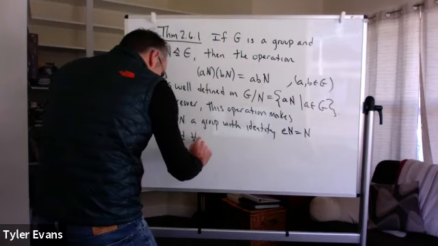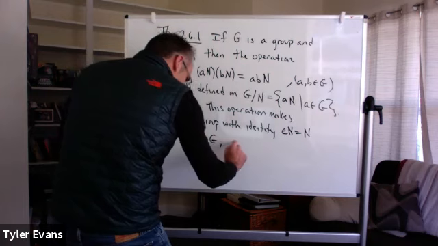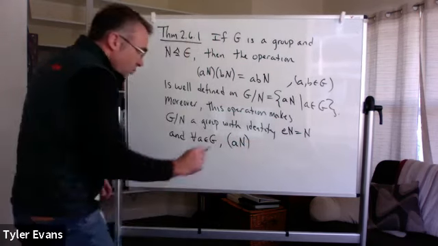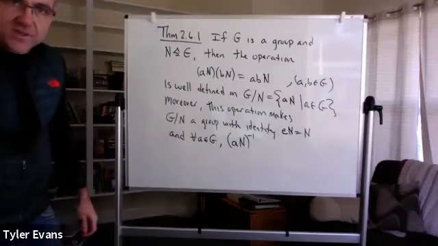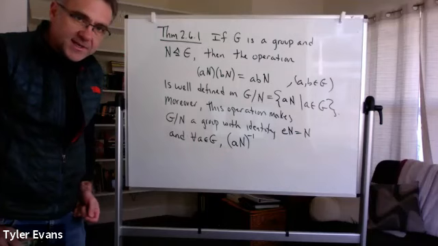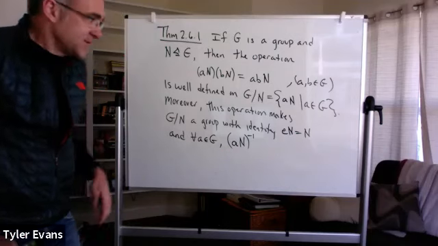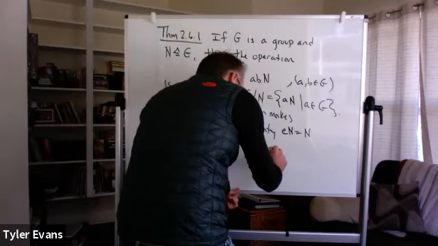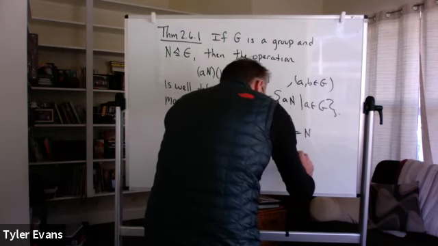and one more that you can fill in, you can pause, for every A in G, what should be the inverse of the coset containing A? Can you pause? Can you guess it? The inverse of the coset containing A should be the coset containing A inverse.